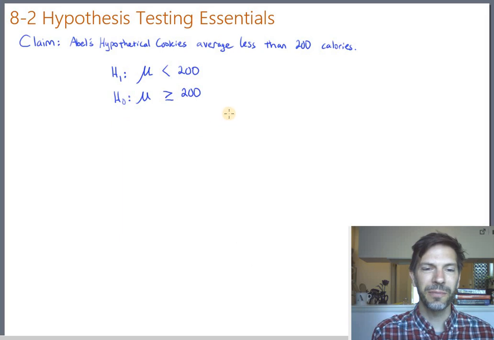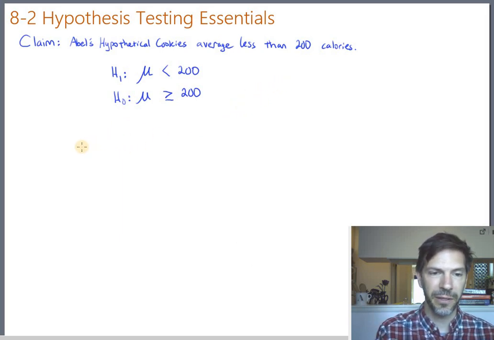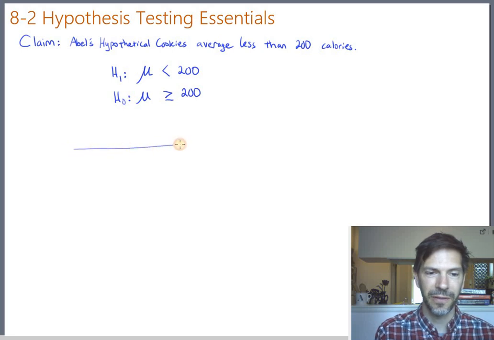So this would be the point where, well, I guess we could even draw the curve right now. We draw the curve based on the null. The null says it's greater than or equal to 200. Of course, you can't draw a curve centered on greater than or equal to, which is why you always focus on the equals to when you're actually drawing the curve.